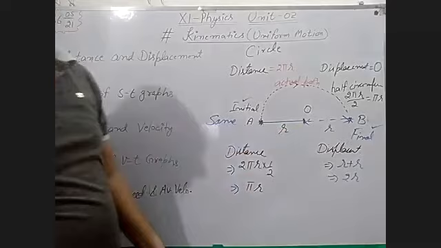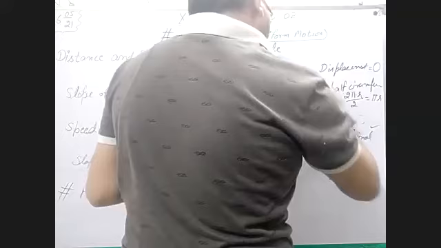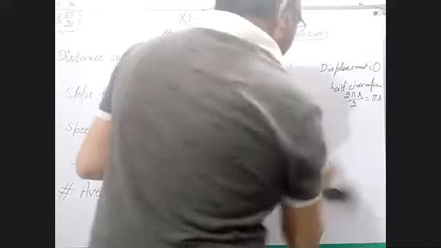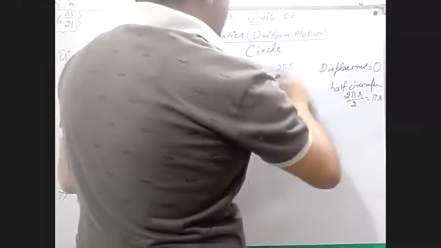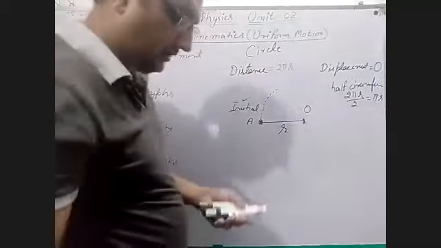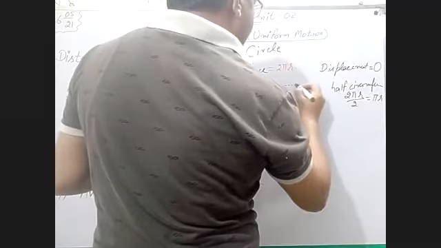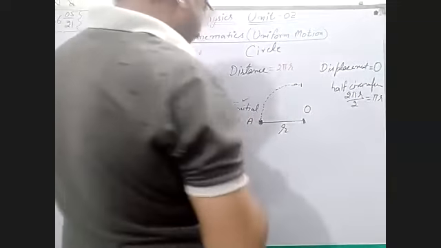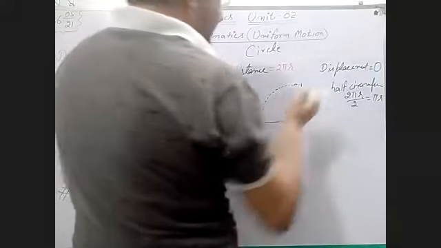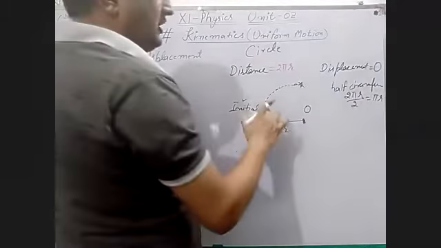Now take another example. If an object moves in this way and stops here, now this is a quarter of this circumference, not half.